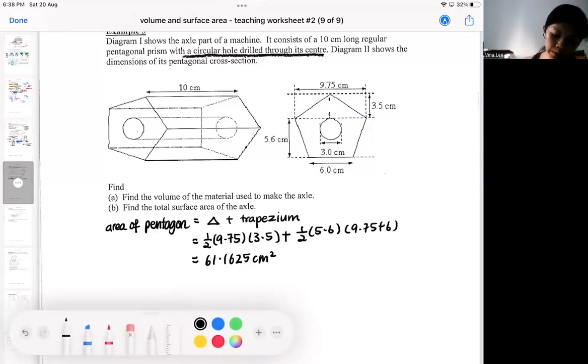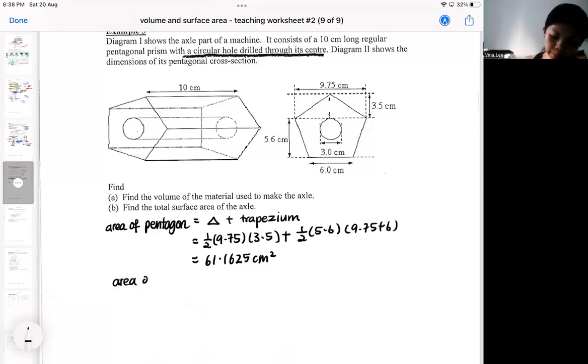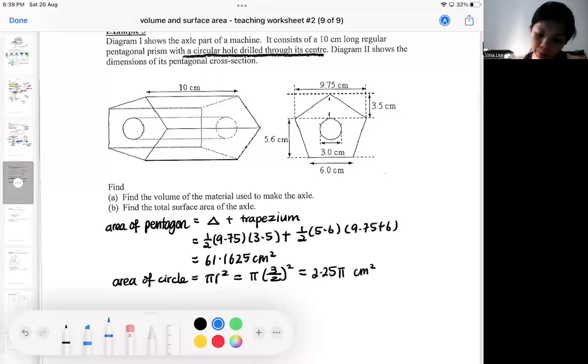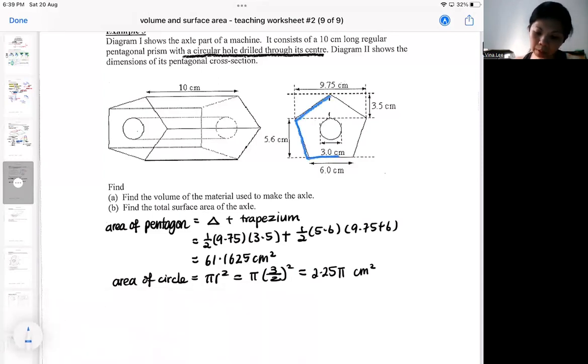Okay, so area of the circle, pi r squared. So in this case, it will be pi times 3/2 squared. I'm not going to punch out the pi because that's not my final answer. So now I'm going to explore the cross section. So the cross section will be the pentagon, and you subtract away the circle. So how are you going to get this portion here?